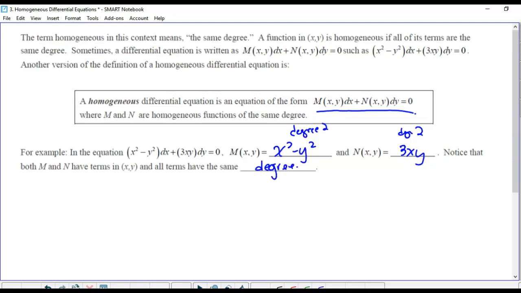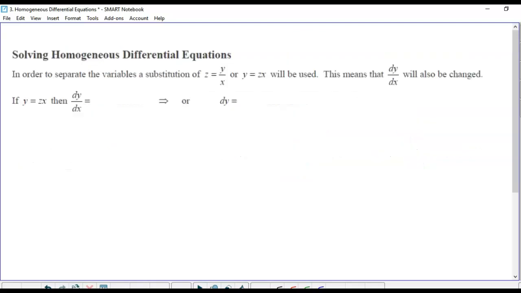How do we solve these? In order to separate the variables, a substitution of z equals y over x, or rearranging that, y equals zx, will be used. This means that dy dx will also be changed. If we have y equals zx, then to get the derivative of y with respect to x, we have to use the product rule.